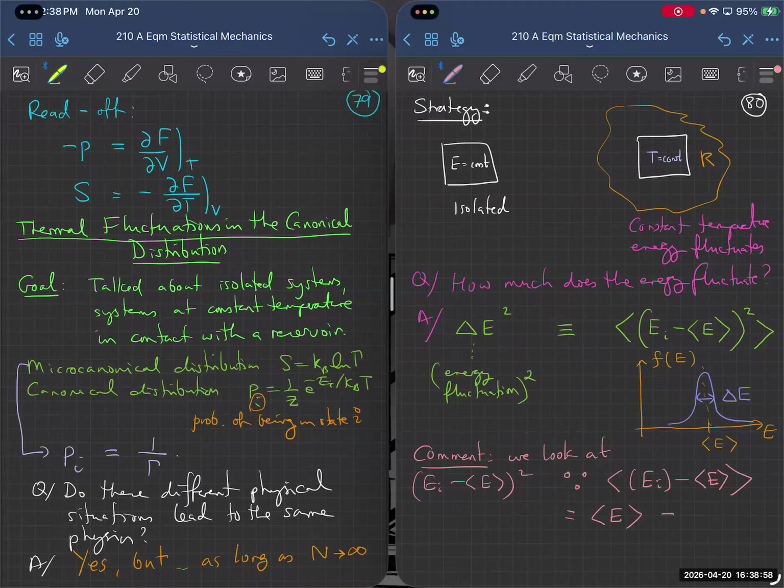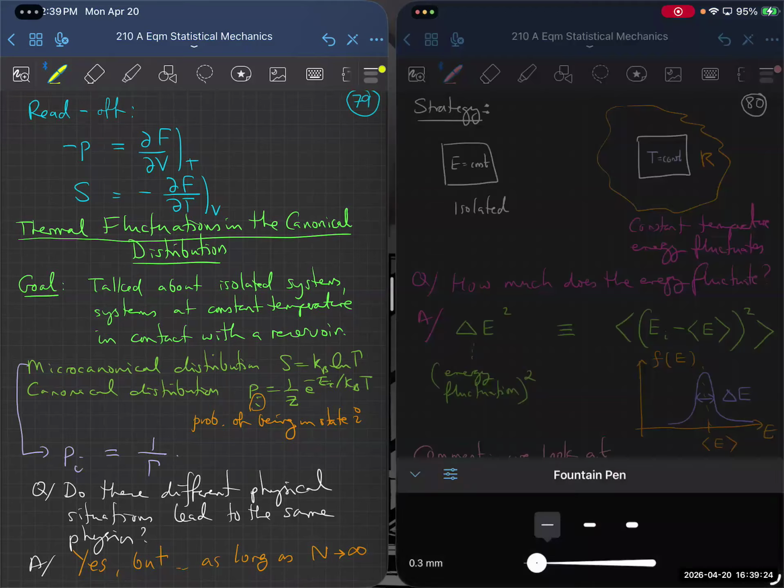And then what is the expectation value of the expectation value of E? What is the expectation value of 3? It's 3, right? So this would then be the expectation value of E minus the expectation value of E, which would be 0. So we look at the square, because otherwise we'll just get something that is zero.